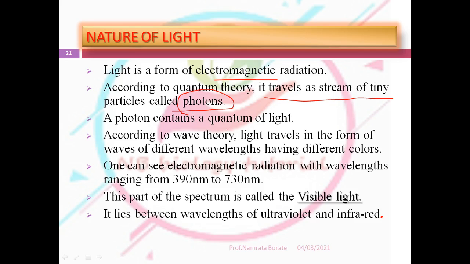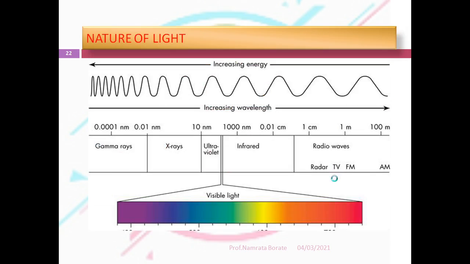Light has different wavelengths having different colors. One can see electromagnetic radiations with wavelength ranging from 390 to 730 nanometer.